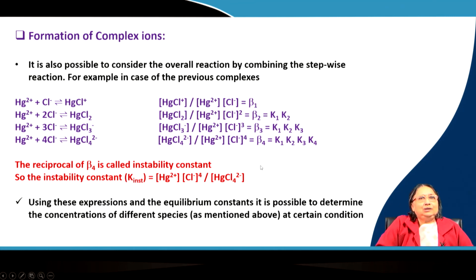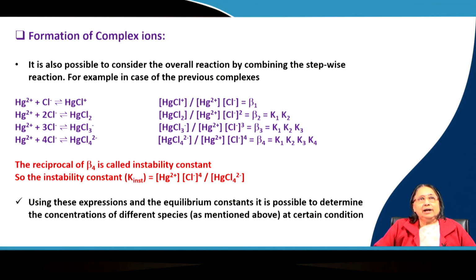Why are we doing this? Using these expressions and the equilibrium constant values, it is possible to determine the concentrations of different species at certain conditions. Say, you have a system where the mercury 2 plus concentration is known, conditions are known, and the chloride concentration is known.